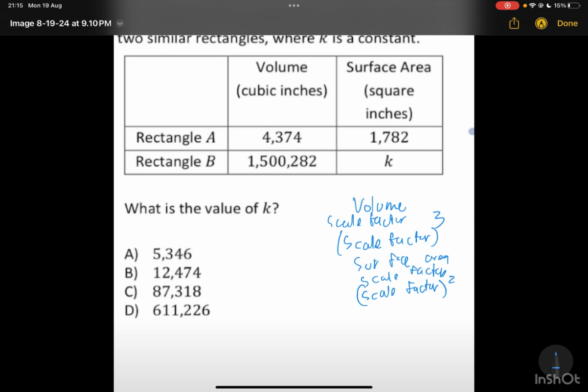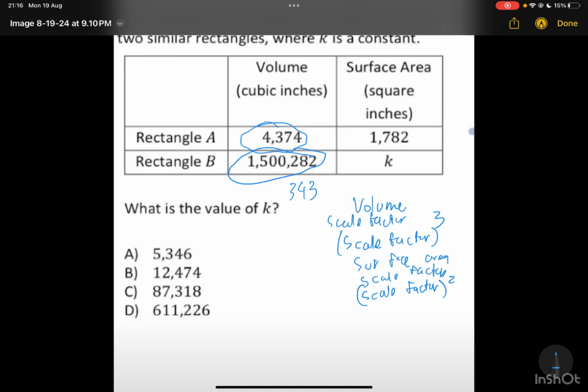Let's calculate the scale factor for the volume. We're going to take 1,500,282 divided by 4,374, and we have 343, the scale factor for the volume.